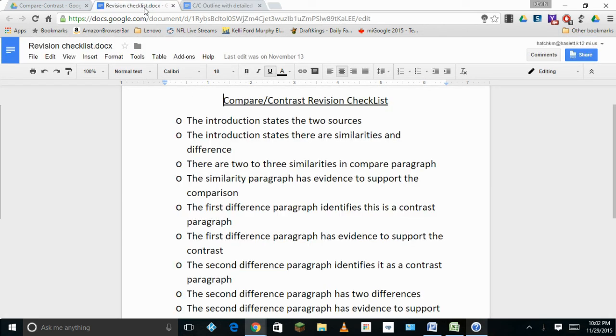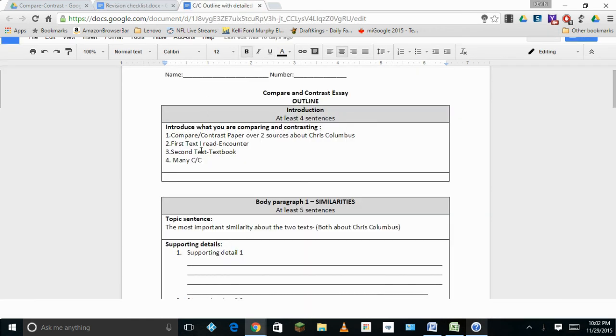And a lot of these things that you'll see are really important and are exactly what we just spoke about going over the outline. For example, in the introduction, it states the 2 sources. If we go back to that outline, you can see right there, if they did what it says in the outline, they have no problem checking that off.